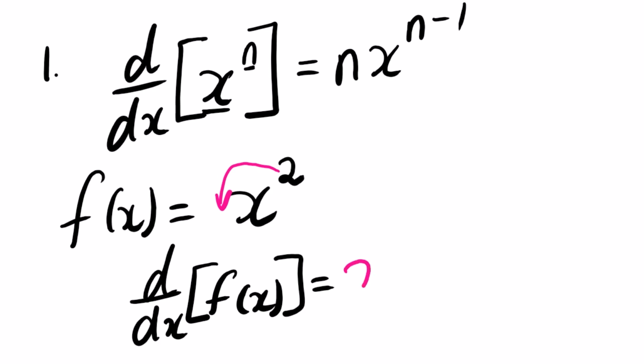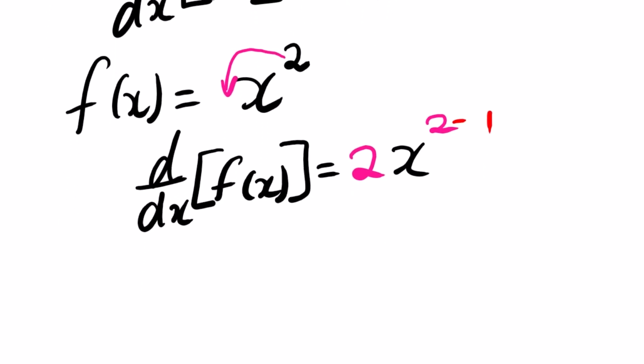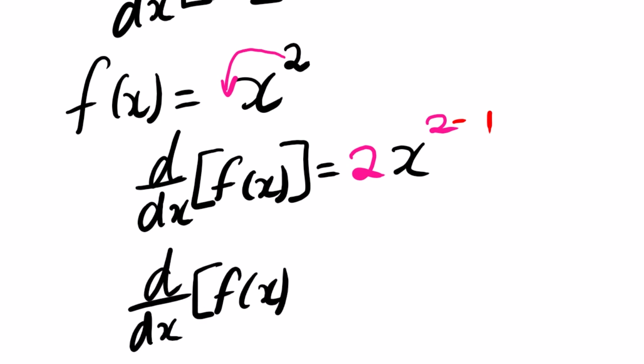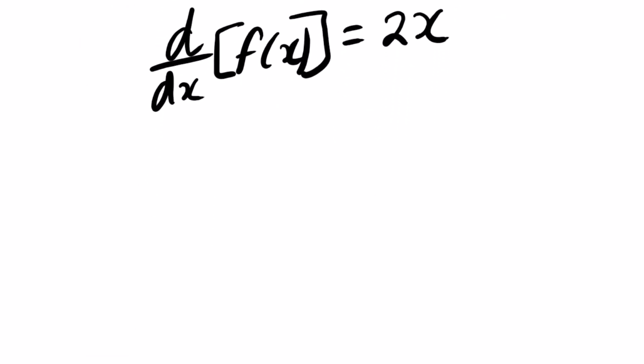So we have 2x, and then from the very same 2 we subtract 1. Simplifying further, we have f prime of x equals 2x to the power 1. So this is the derivative of x squared. The derivative of x squared is equal to 2x. Let us look at more examples.